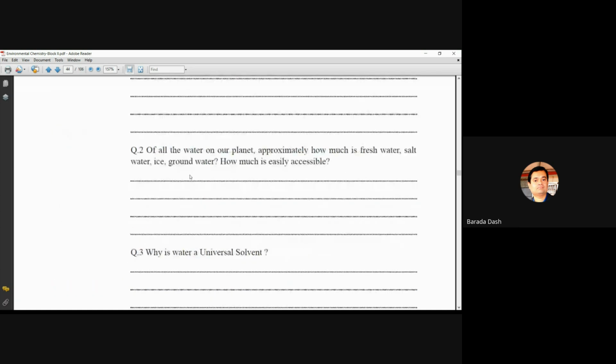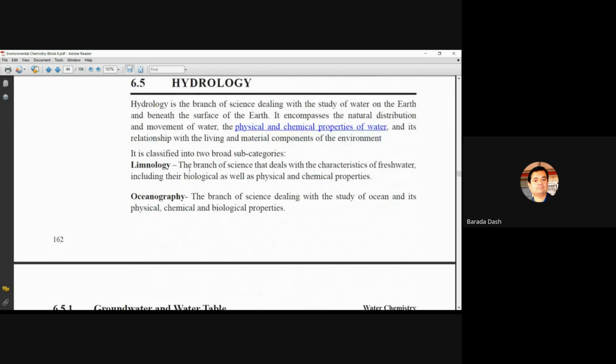So next is hydrology. Hydrology is the branch of science dealing with the study of water on the earth and beneath the surface of the earth. It encompasses the natural distribution and movement of water, the physical and chemical properties of water, and its relationship with the living and material components of the environment.